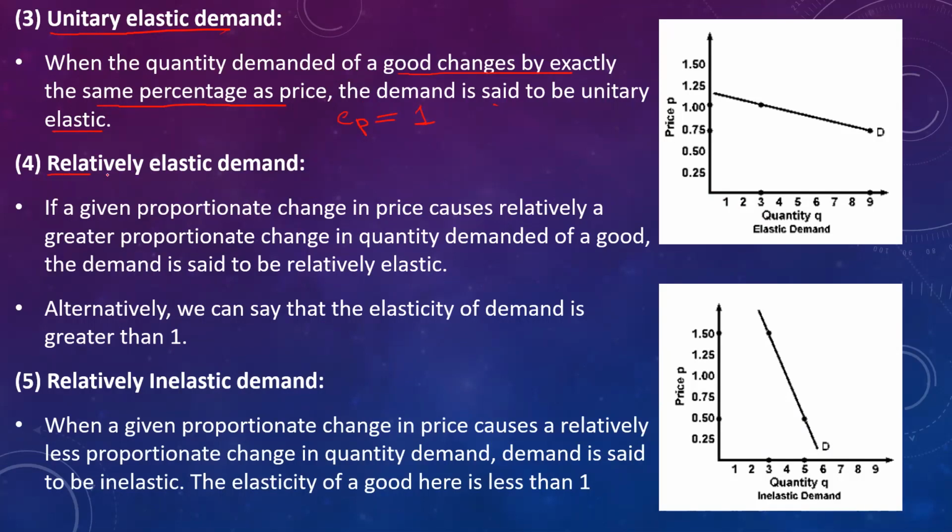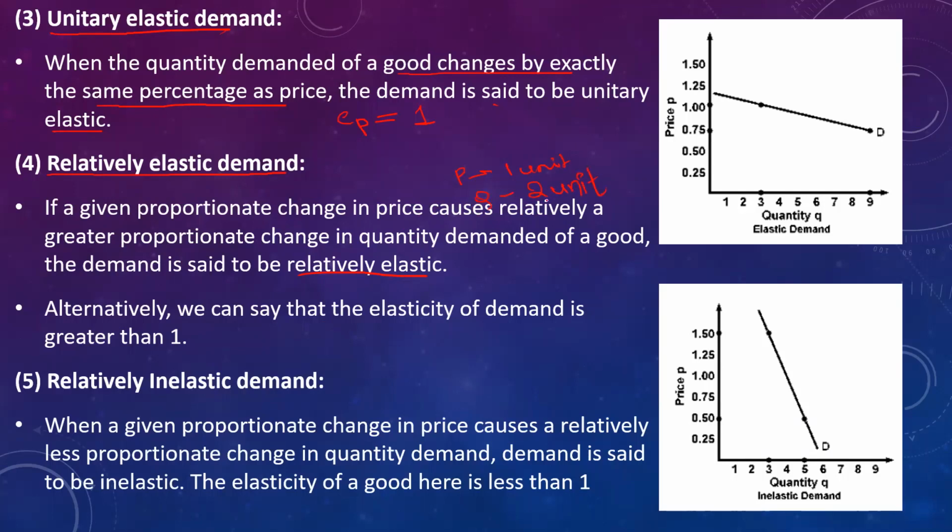Then fourth category we have relatively elastic. If the proportionate change in price causes relatively greater proportionate change in quantity demanded of good, such demand is said to be relatively elastic. Means suppose price has changed by 1 unit and quantity demanded has changed by 2 units.